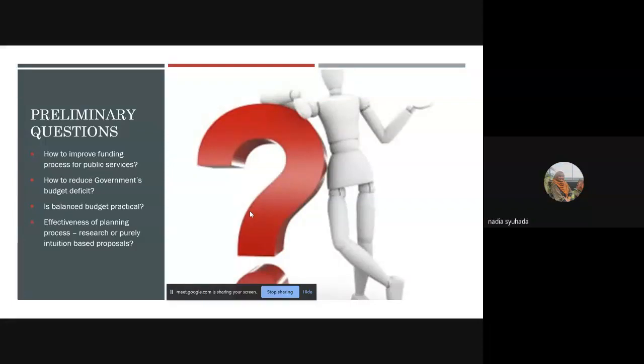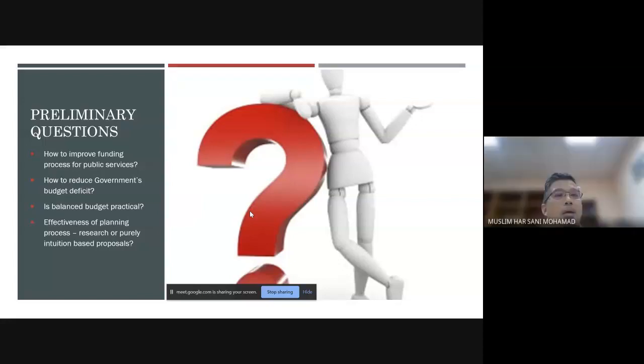So for me, I think a balanced budget is when the government gives all the rakyat the same amount of help. Okay. One more.